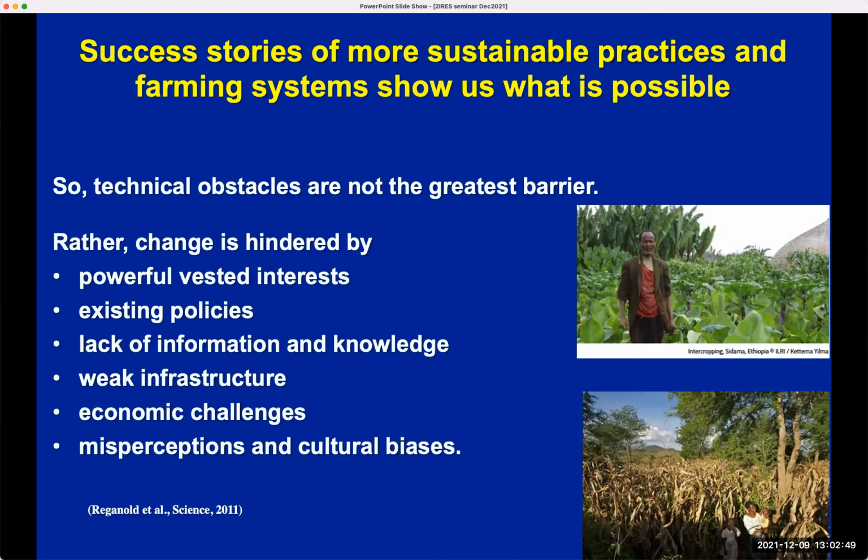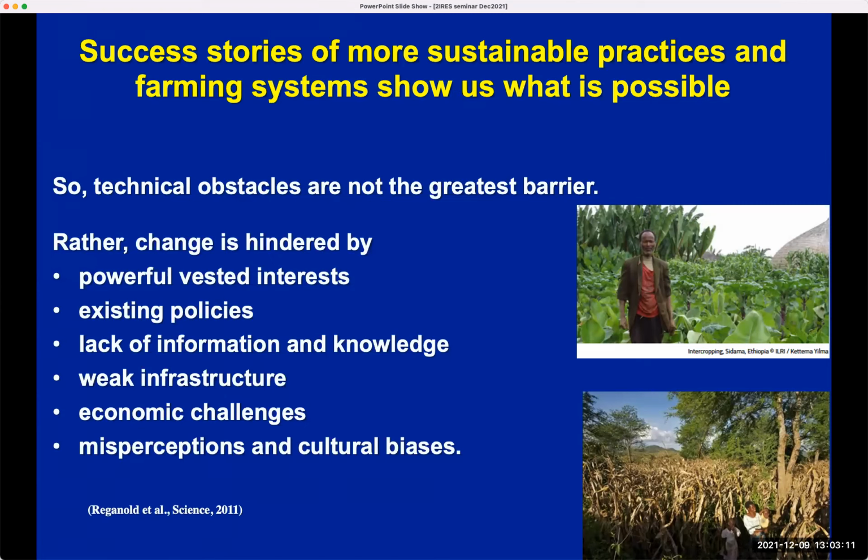So we have these success stories. We know what sustainable practices are. We even know what some more sustainable farming systems are. So what's the problem? Well, it's not technical obstacles.